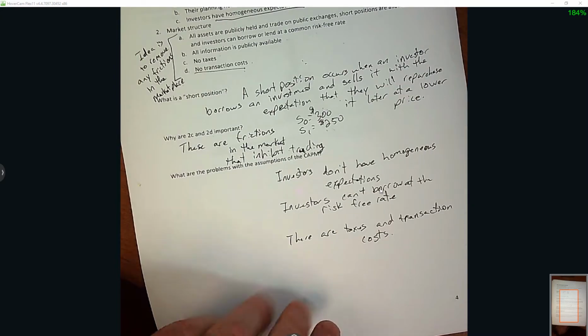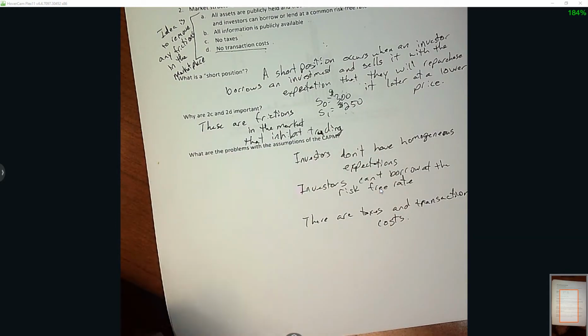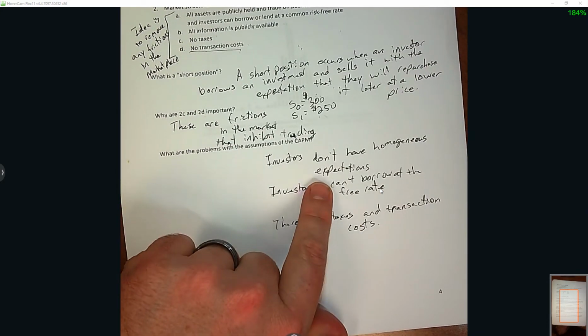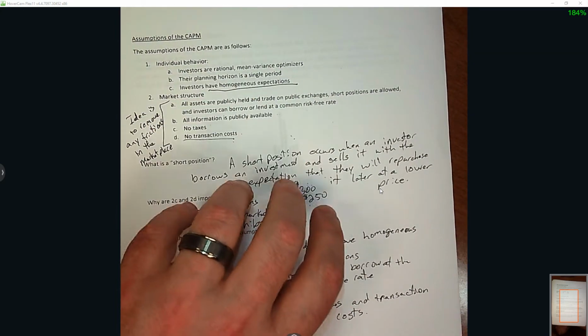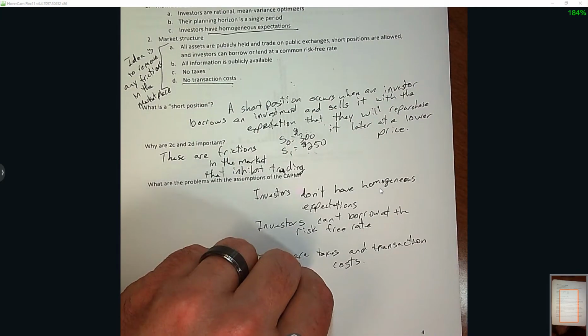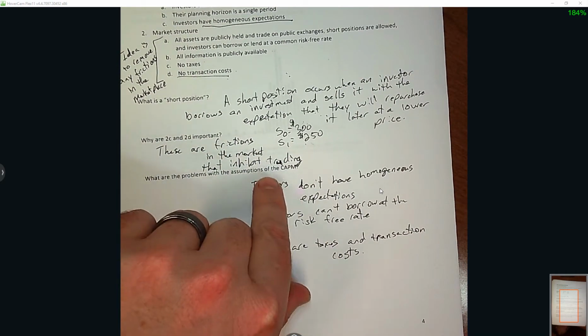So what researchers do is they go out and look at these assumptions, and what they've done over time is determine what happens to this market model, the capital asset pricing model, if these assumptions aren't true. So they might look at, how do investors act if they have different expectations?